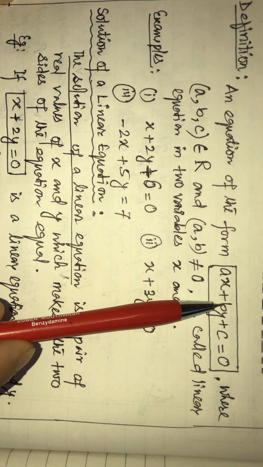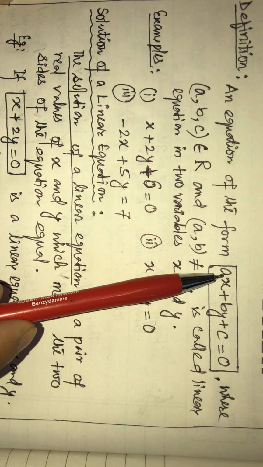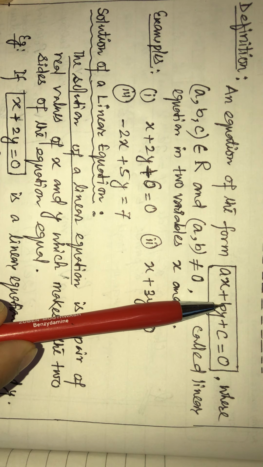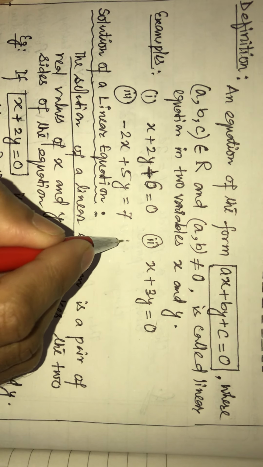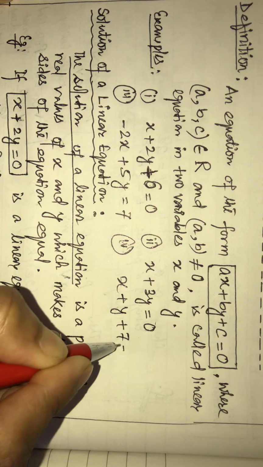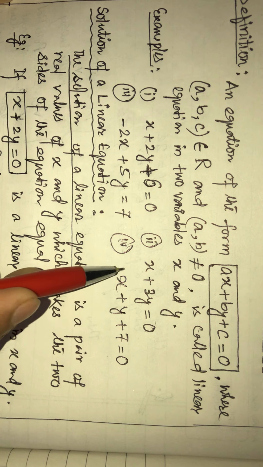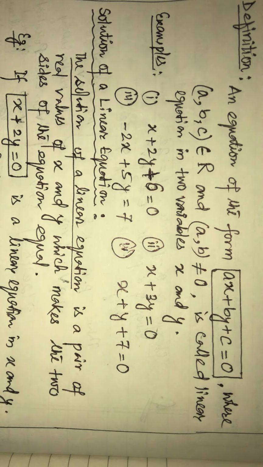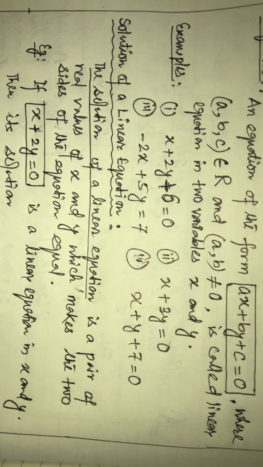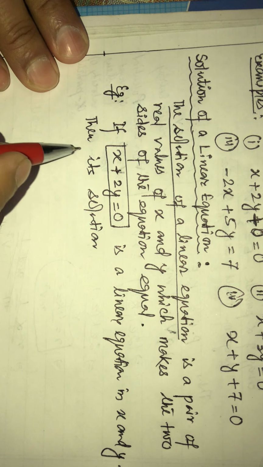So a and b should be distinct, but it doesn't mean we will not get any equation where a and b are equal. Many cases you will get. I'll show you here, number 4, x plus y plus 7 equal to 0. This is also a linear equation. Here both a and b are the same, 1 and 1. So it may be the same or different, but usually you'll find them different. Anyway, it doesn't matter. So for this linear equation, let's try to find its solution.